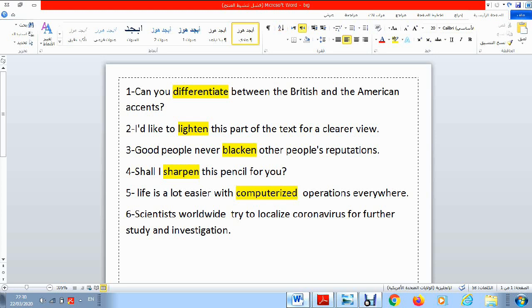Okay. Scientists worldwide try to localize coronavirus for further study and investigation.